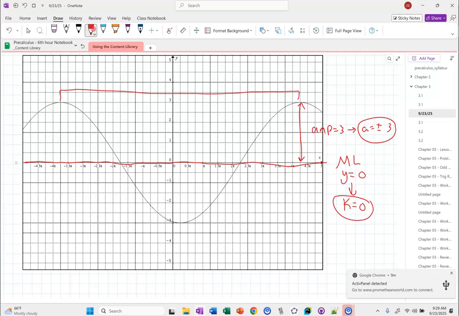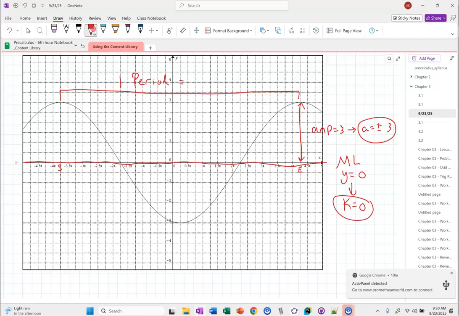So if you're counting your period on this graph, it makes the most sense to count from max to max. The period is the horizontal distance, so it starts here at negative 3.75 pi and ends here at positive 4.25 pi.